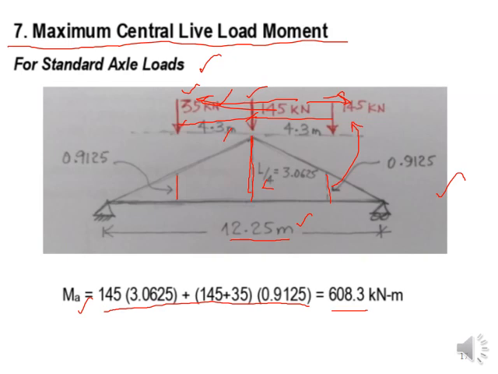So this maximum value 608.3 we get by solving this ILD. First of all, plot this ILD for the maximum effect of the live load in the longitudinal direction, then place the wheels of the axial loads, and multiply each wheel load with the corresponding ordinate of the triangle that you have drawn as an ILD, and then you get the maximum value 608.3.